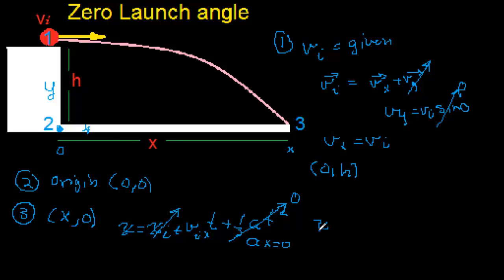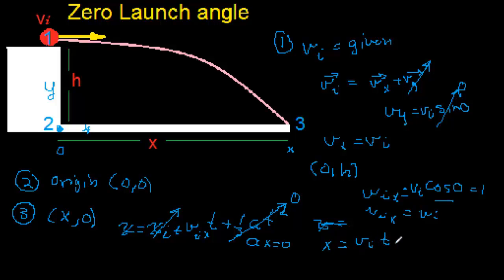So x equals initial velocity of x, which happens to be the initial velocity altogether, because initial velocity in the x direction equals the initial velocity times cosine theta, which is 0, and cosine theta equals 1. So x equals initial velocity times time.